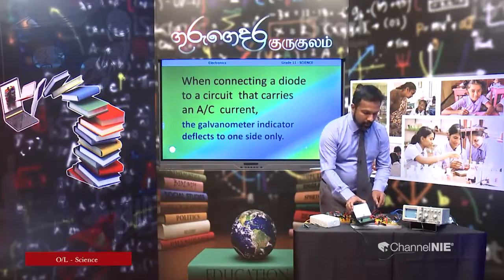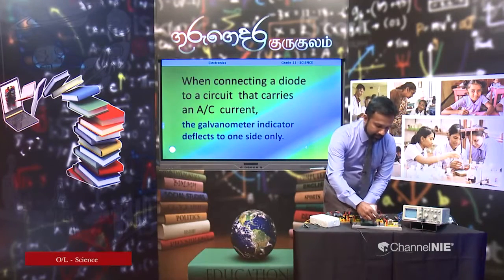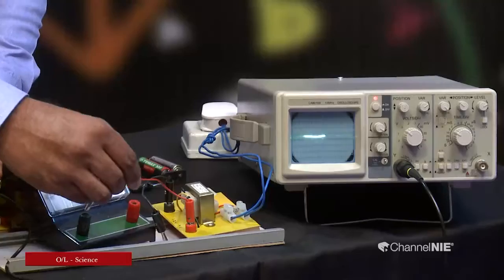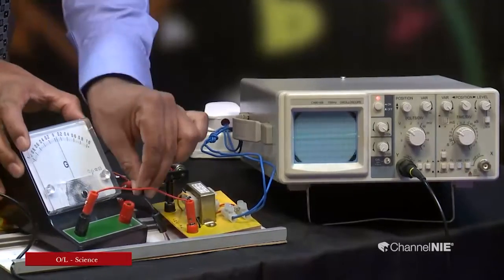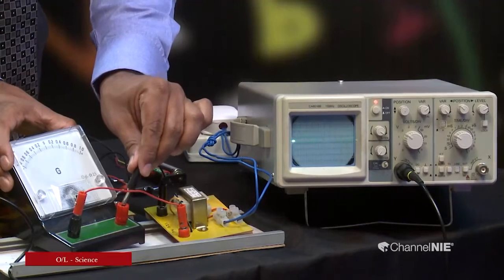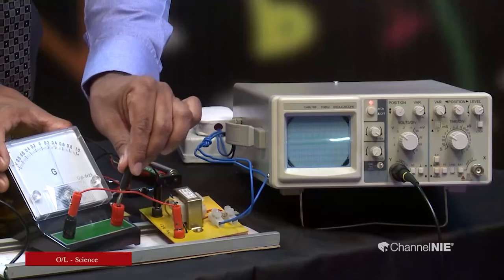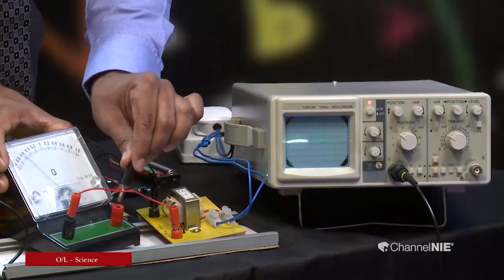Now, you can see the deflection of the galvanometer. The galvanometer indicator deflects to either side rapidly. Why is that?